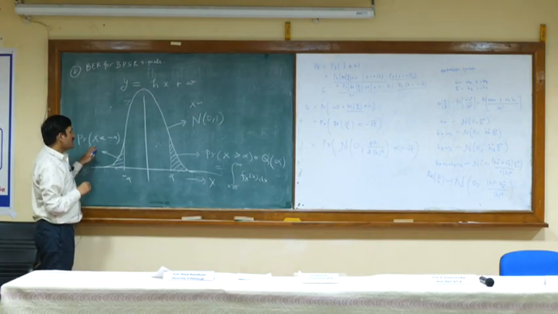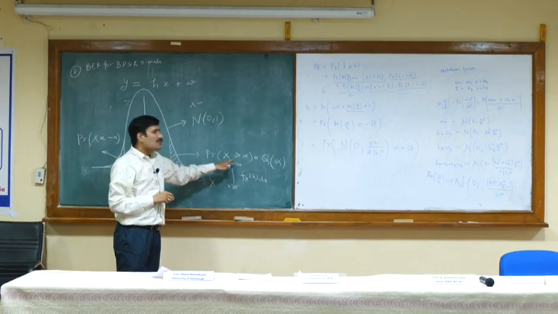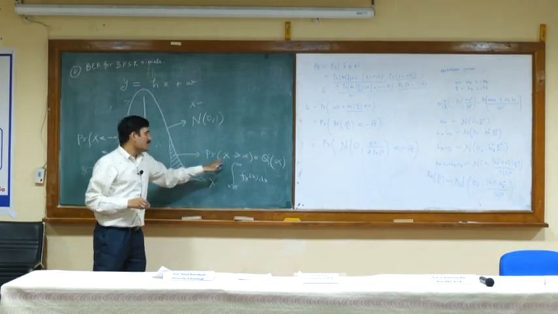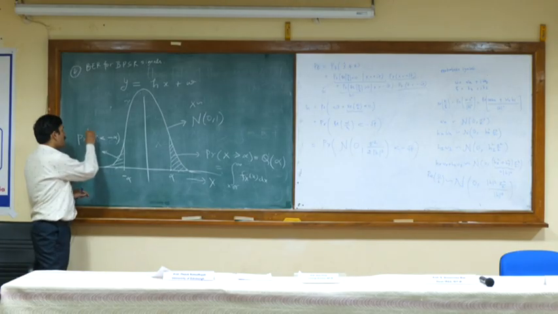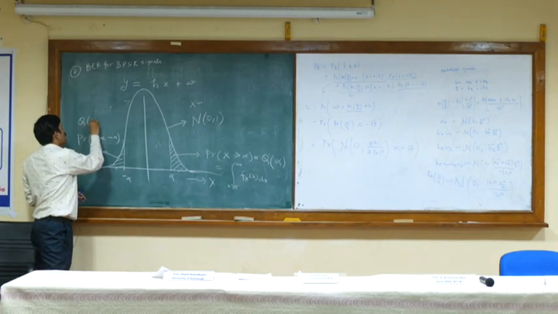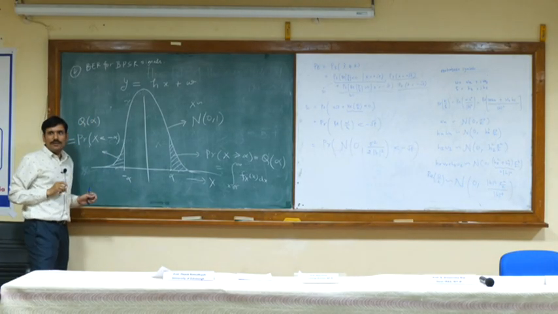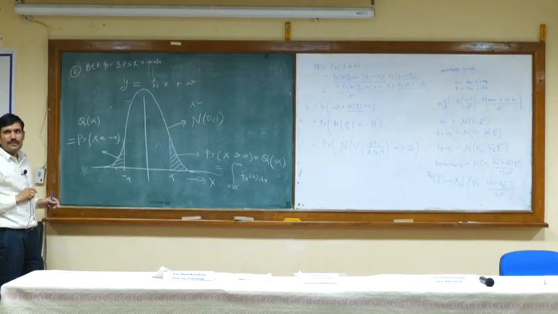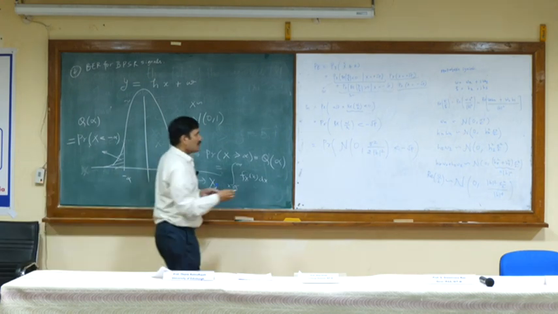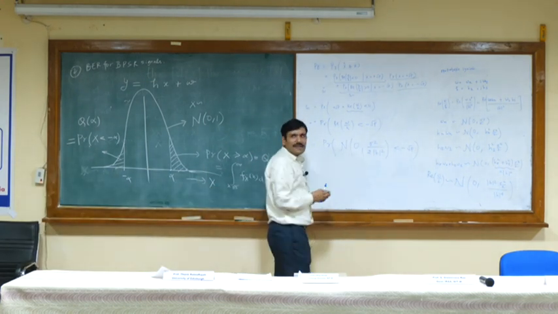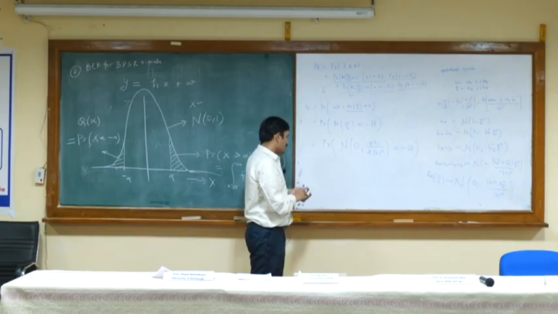So X less than minus alpha is equal to X greater than plus alpha. This part is clear? So this value will also be Q of alpha. Here we are talking about the similar thing. So it means what?